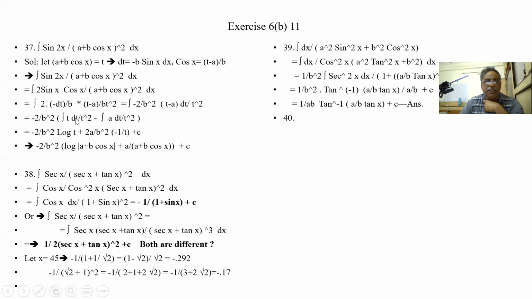Dt gets cancelled. Integral dt by t minus integral a into dt by t square. This is dx by x square, so minus 1 by x. So minus into minus plus becomes 1 by t. Here also minus is there. So this becomes total minus. This minus into this plus into minus is minus. This is of course minus.